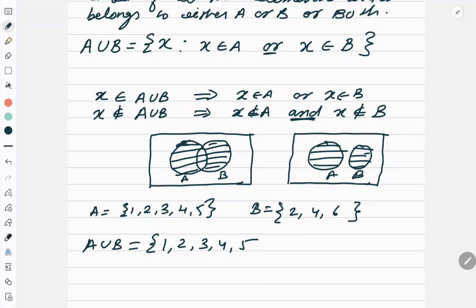Compulsory all the elements will come. Now go to the another set. First number 2 I have already written, so no need to rewrite it. 4 I have already written, so no need to rewrite it. But 6 is something new, so add. So now you see every element is either in one of them or in both of them. Correct? So finding out A union B is very easy.